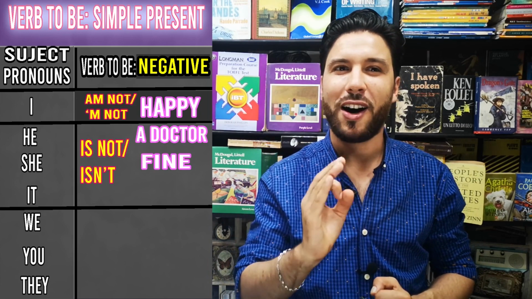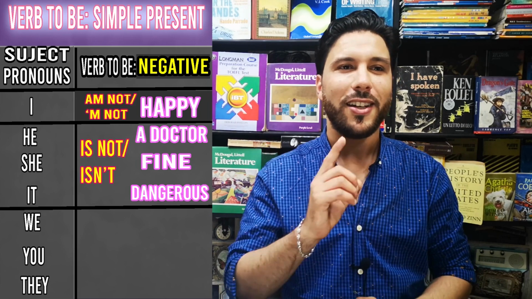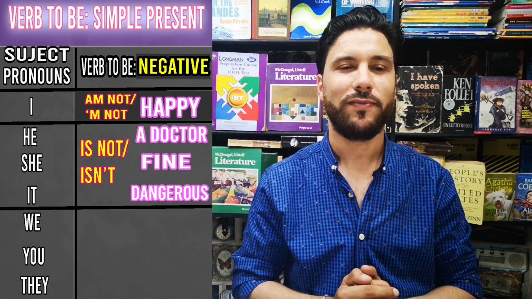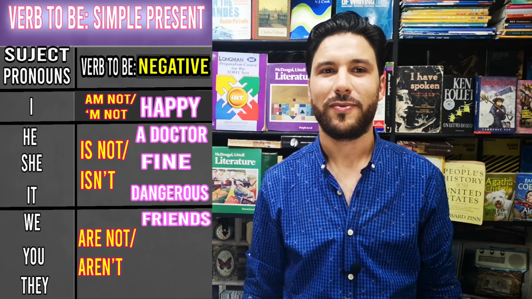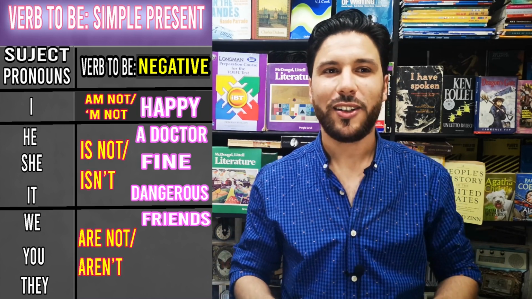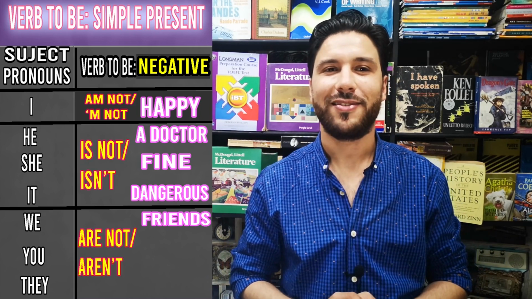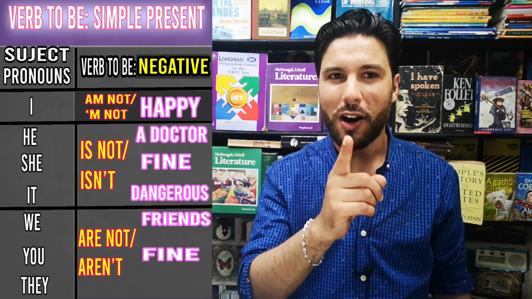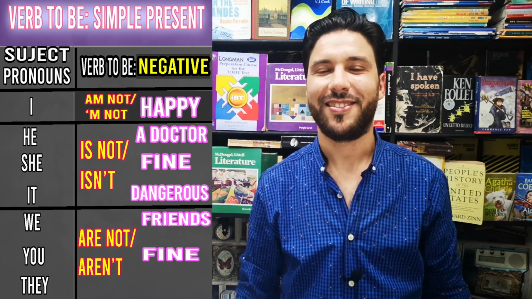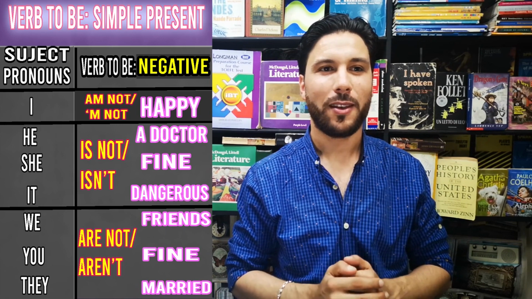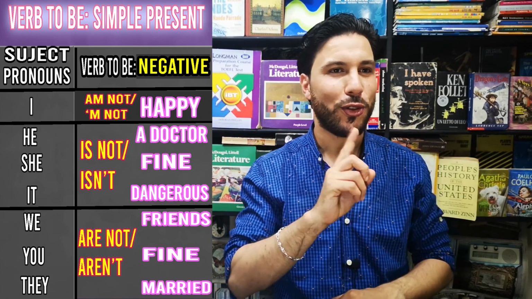She is not fine. It is not dangerous. We are not friends. You are not fine. They are not married. Before we move to the question forms, let's first have an exercise.